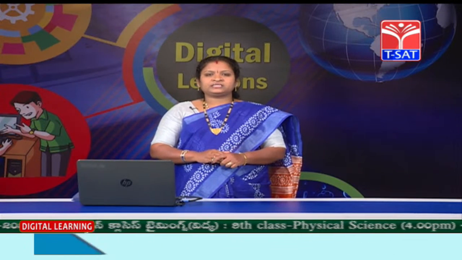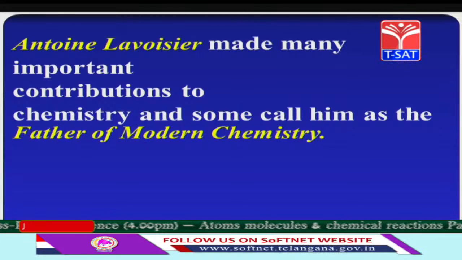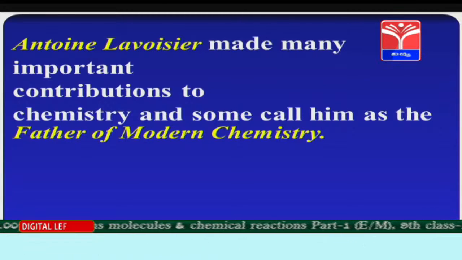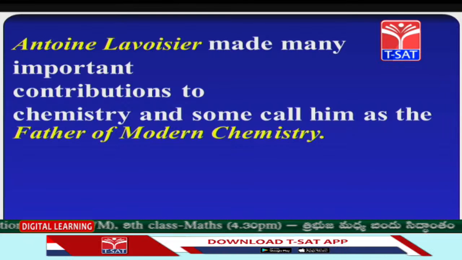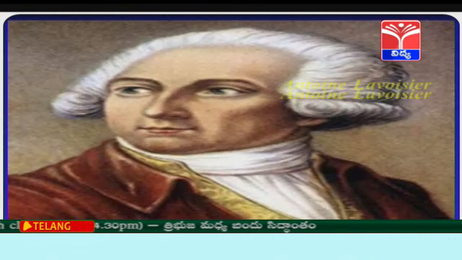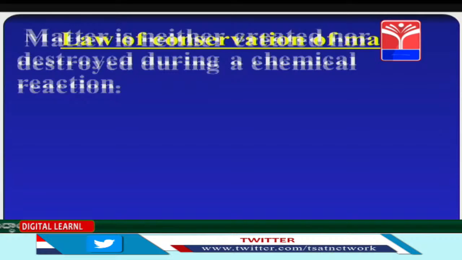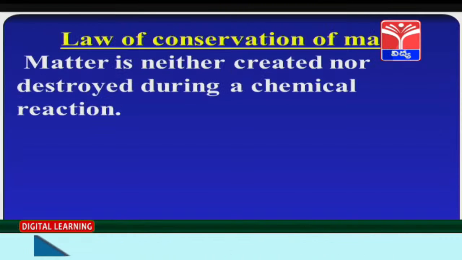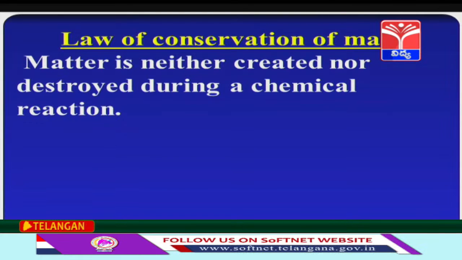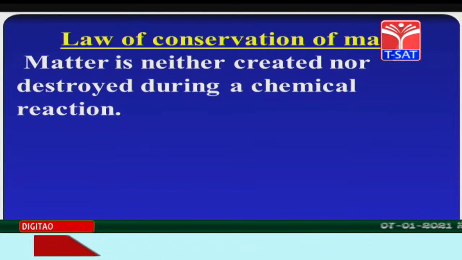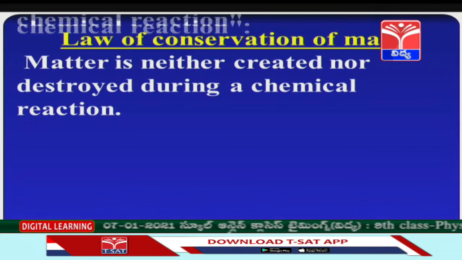Now, let us study about Antoine Lavoisier. He made many important contributions to chemistry and some call him the father of modern chemistry. He is Mr. Antoine Lavoisier. Children, he proposed the law of conservation of mass. According to the law of conservation of mass, matter is neither created nor destroyed during any chemical reaction.